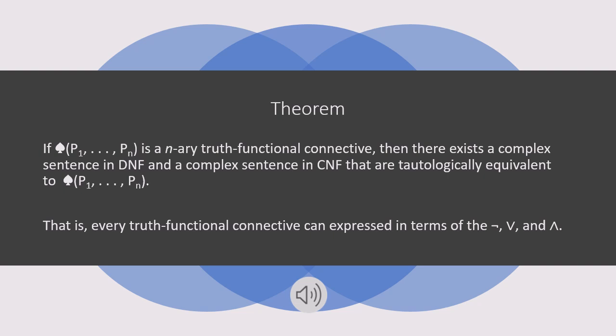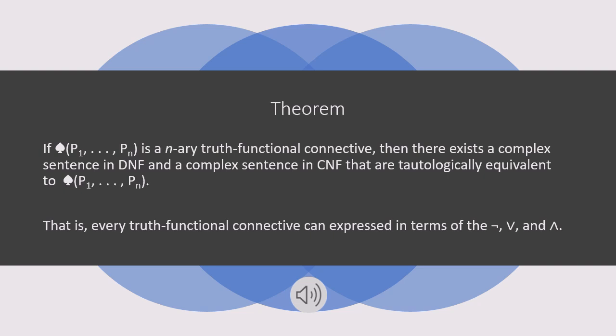It says the following: if you are handed an n-ary truth functional connective, say something like spade, and what's meant by that is the semantics for it, in other words, a truth table with 2 to the n rows, then there exists a complex sentence in DNF and a complex sentence in CNF that are tautologically equivalent to this n-ary truth functional connective.